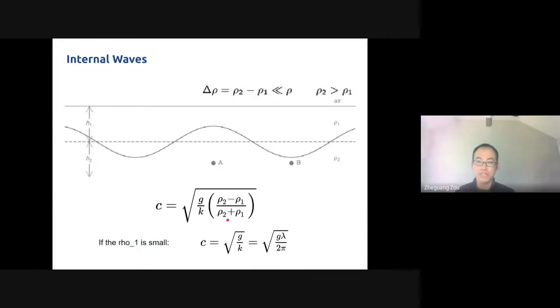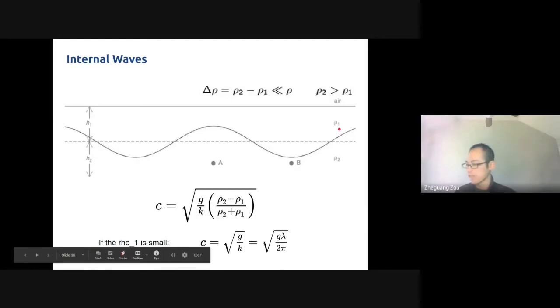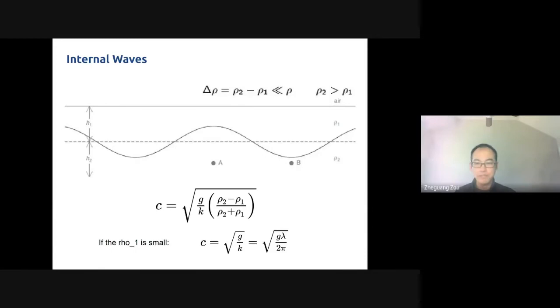Let's do a quick check here. If rho 1 is very, very small, very close to air or something, it should become a surface wave. Rho 1 is too small compared to rho 2, so only rho 2 is left. It becomes rho 2 over rho 2, which is 1.